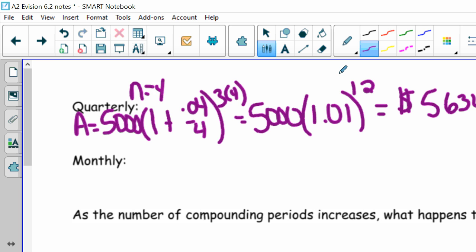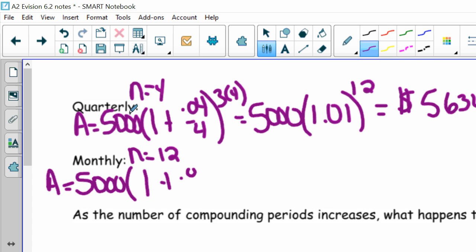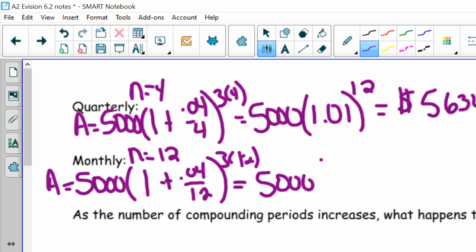And then finally, monthly, our n is going to equal 12. So A is 5,000 times 1 plus 0.04 divided by 12, to the 3 times 12 power. 0.04 divided by 12 is 0.003 repeating. What's very important here is that we don't want to round this until the very, very end.